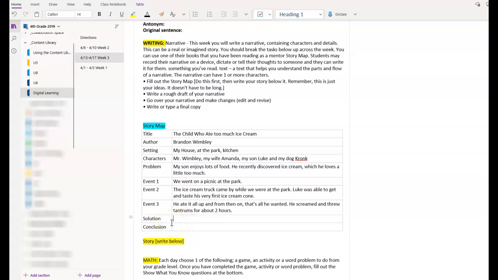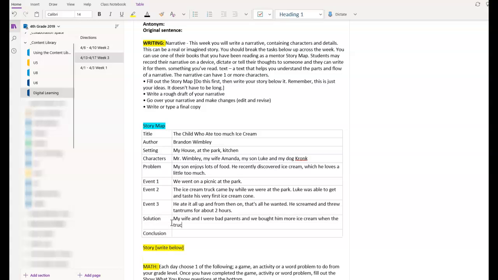The solution was that we were bad parents and we bought him more ice cream. So my wife and I were bad parents and we bought him more ice cream when the truck came by our house later that day.